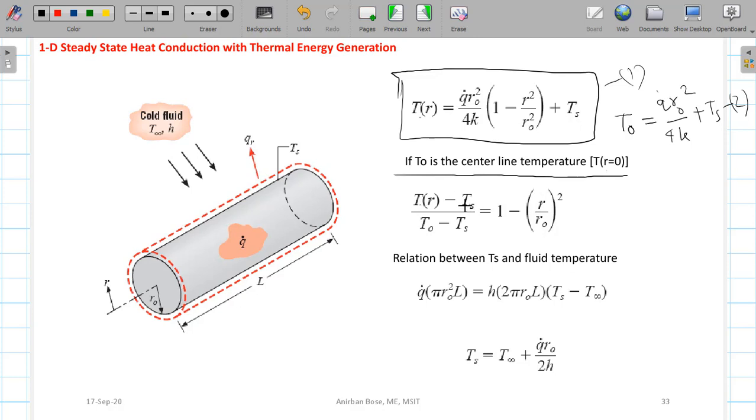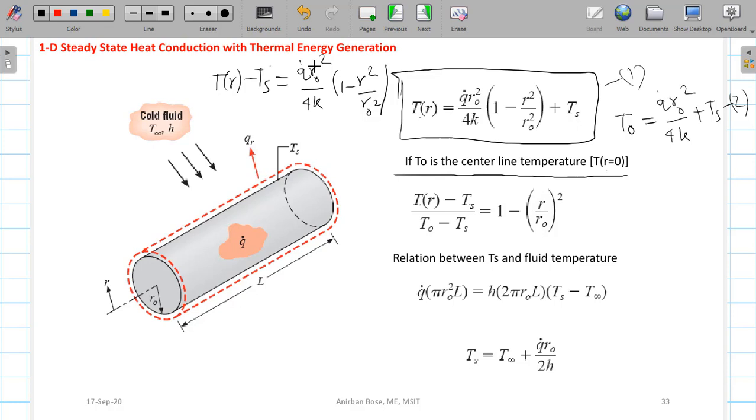So only consider equation 1 and write what is Tr minus Ts. It is clear that Tr minus Ts is equal to Q dot r0 square by 4k into 1 minus r square by r0 square. It is from equation 1.